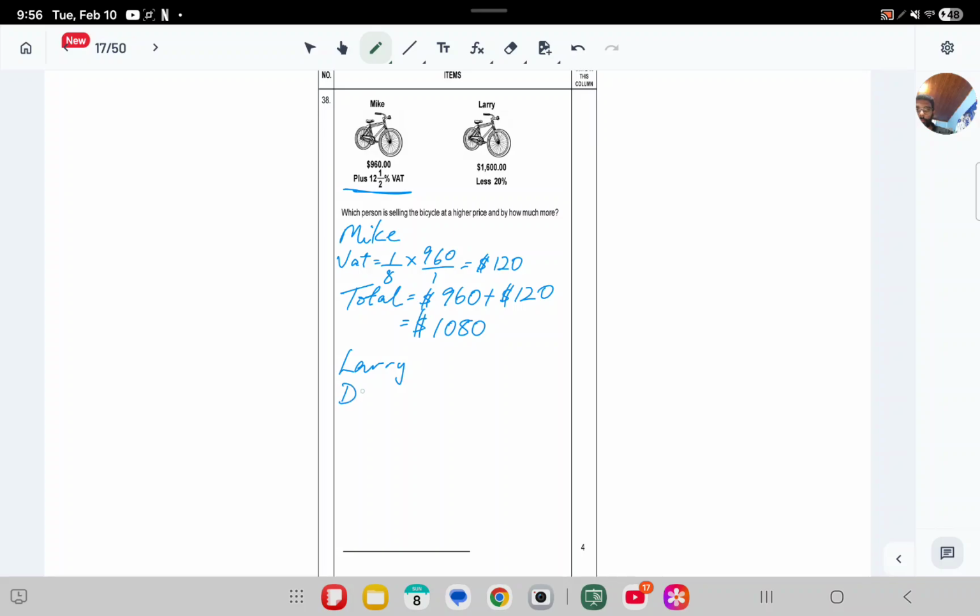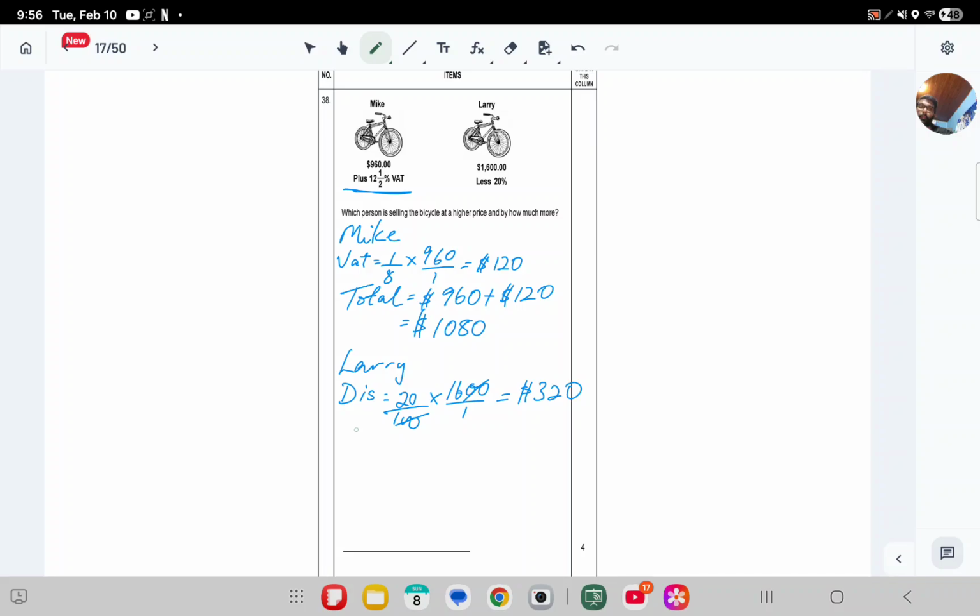Now Larry is a discount, so we need to calculate the discount amount. So it's 20%, so 20 over 100 multiplied by 1,600 over 1. Cancel the zeros. 16 by 2 is 32, add 0, so that's $320 in discount.